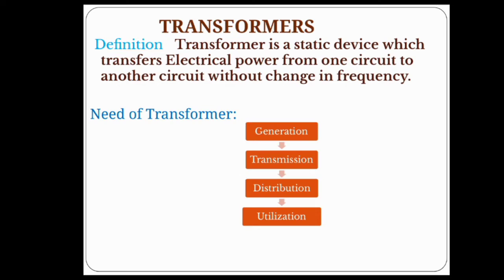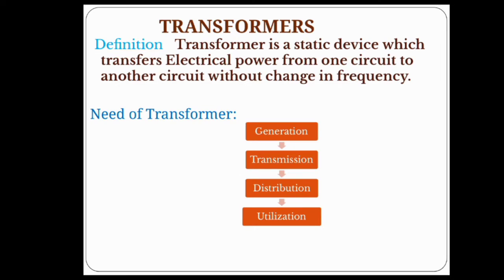So first you have to remember, at the generating stations the power is generated in a medium range of voltages. Why do we generate at a medium range of voltage? To overcome insulation problems, we use a medium range of voltages.